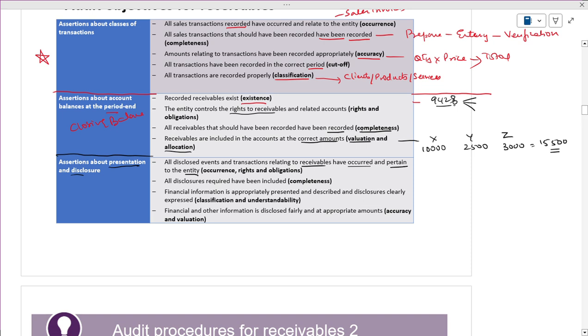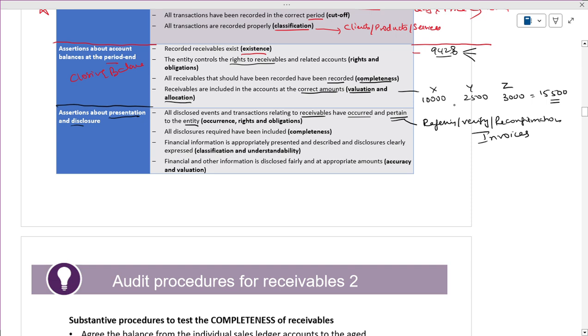Pertain to the entity: what are we doing? We are verifying, we are making a reconfirmation with respect to sales invoices. It has been done under the name of the entity. Then only can they make a presentation.